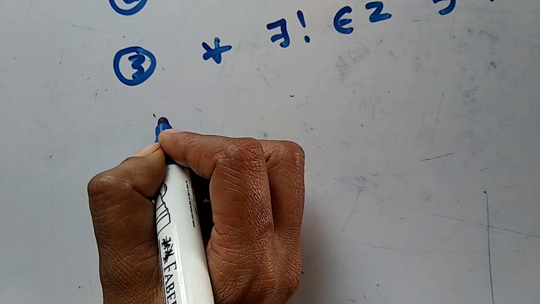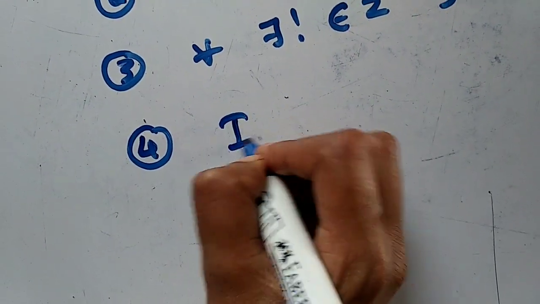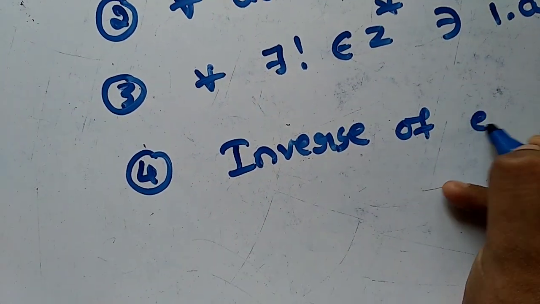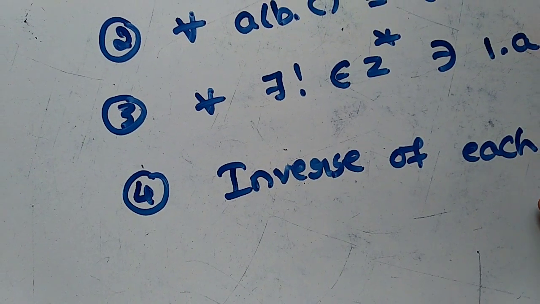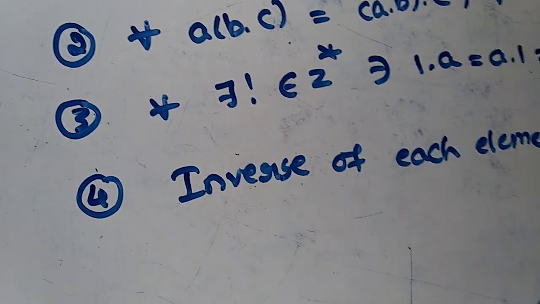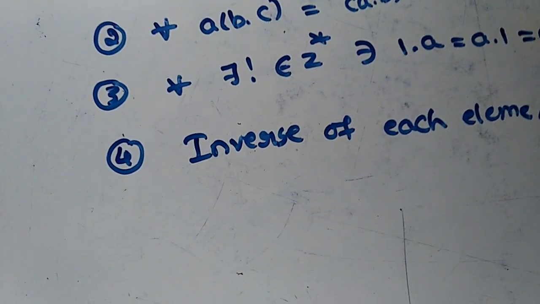Okay, so the next one is, finally, the fourth one, the inverse law. The inverse of each element of this Z star.